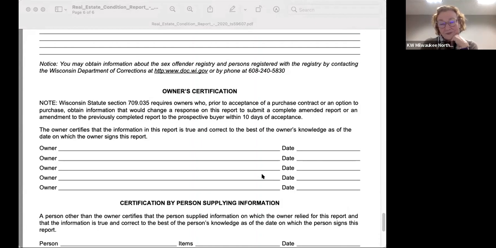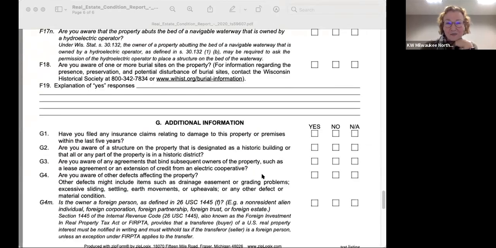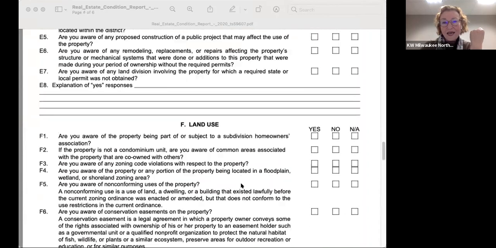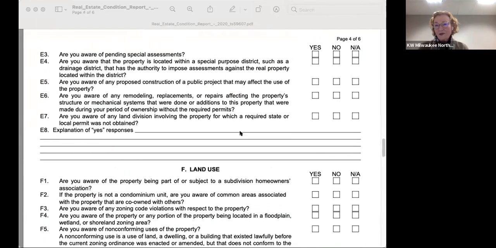And that's the extent to which these sellers explain in the comments of explanation of yes responses. It has to also be explained to the seller why it's important. Don't hedge it.